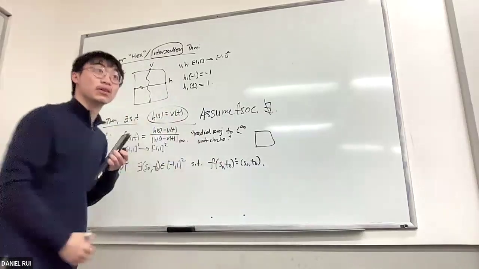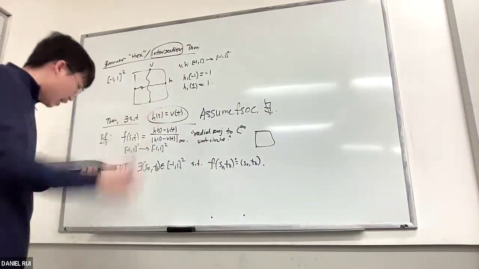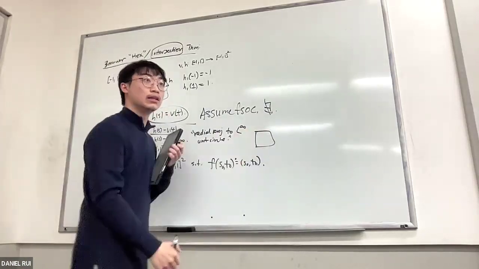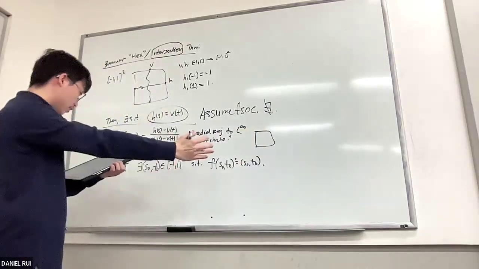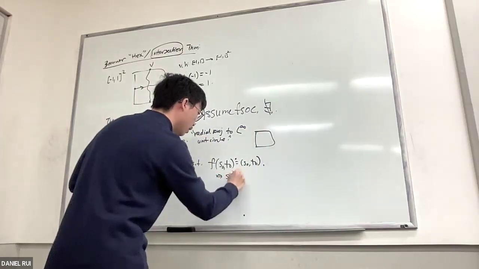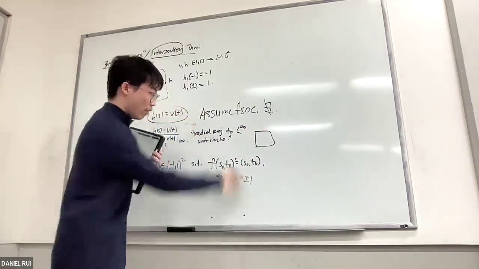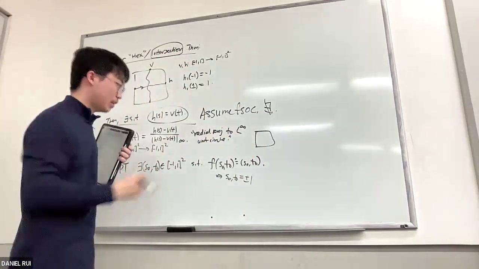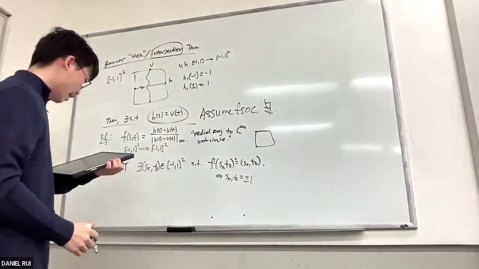So there is a fixed point. But actually this can't happen because the image of f is the edge of the square, which implies that S0, T0 must have coordinates that are either 1 or negative 1. That's what it means to be on the edge of the square.